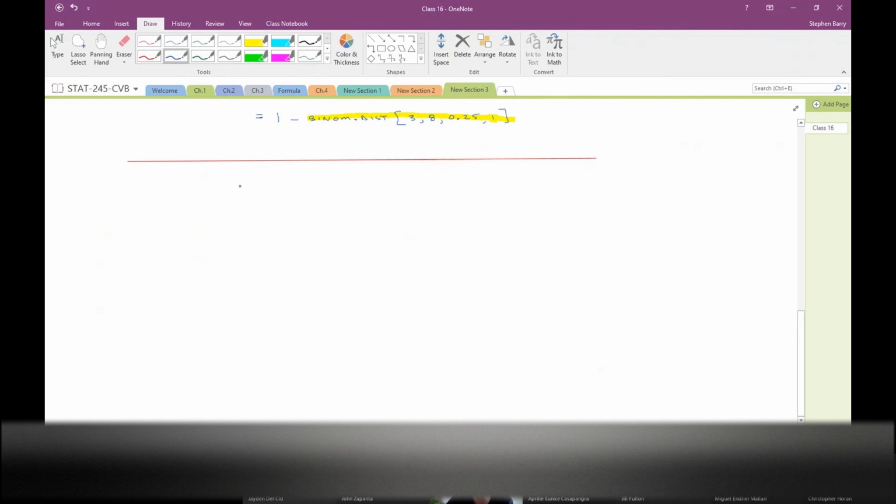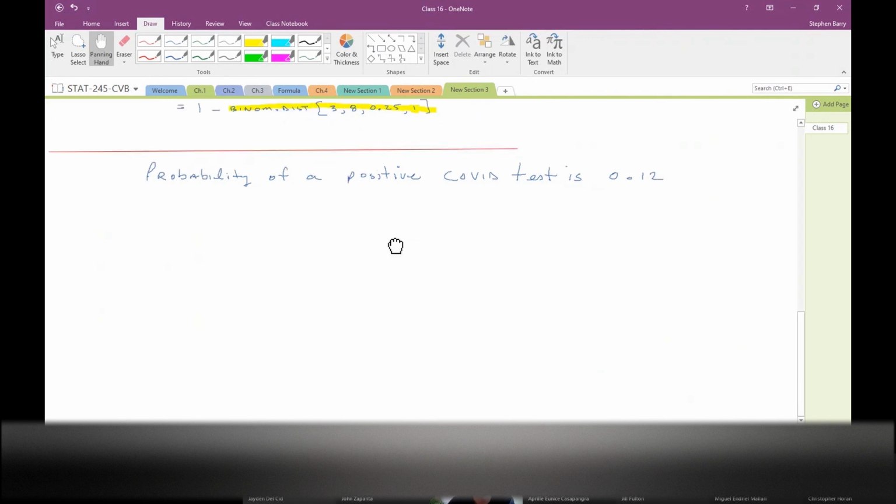Let's say the probability of a positive COVID test, just because it's my favorite subject, as I'm sure it's your favorite subject these days, let's say the variant increases, and there's a 12% chance of a positive COVID test with the new variant.